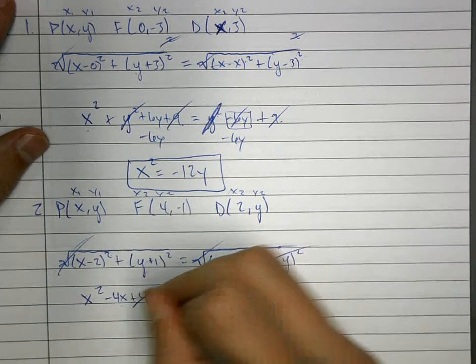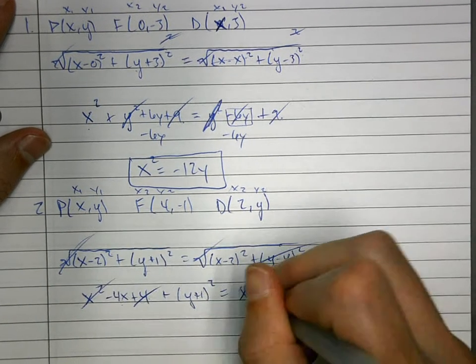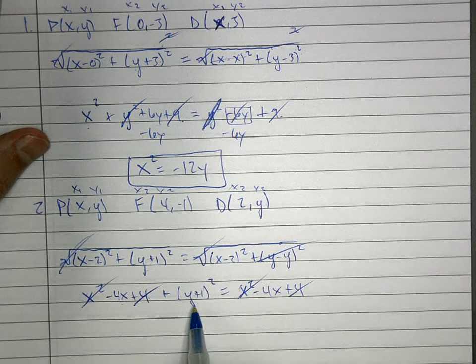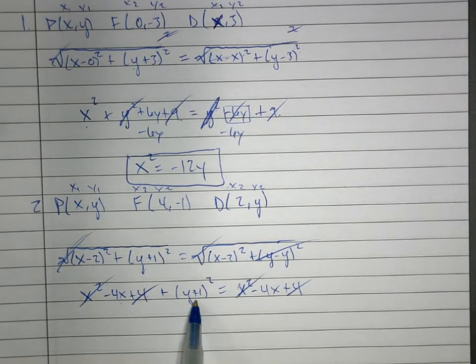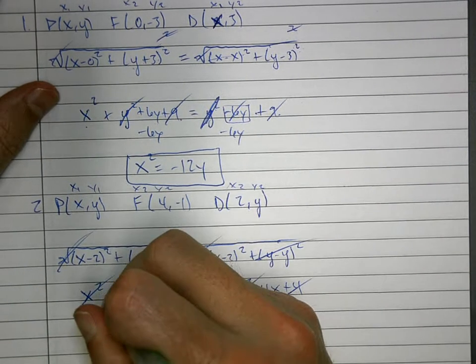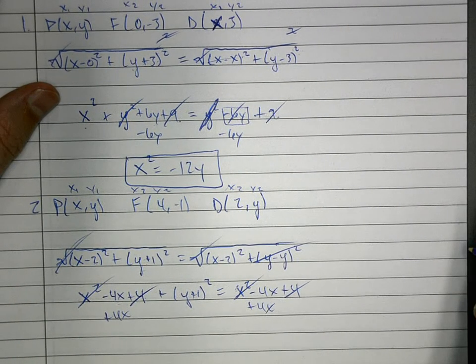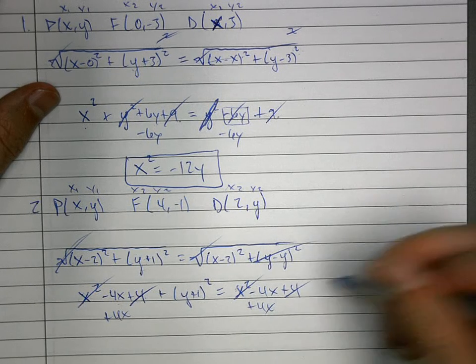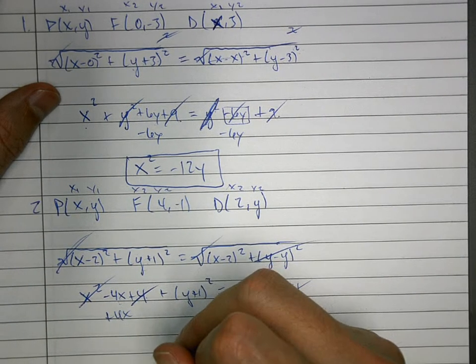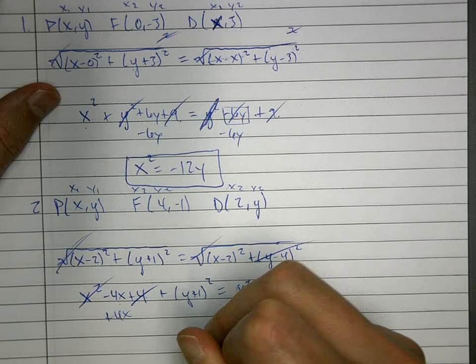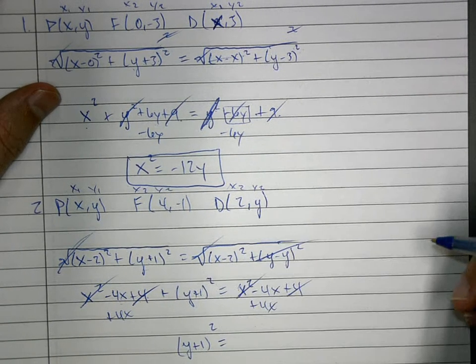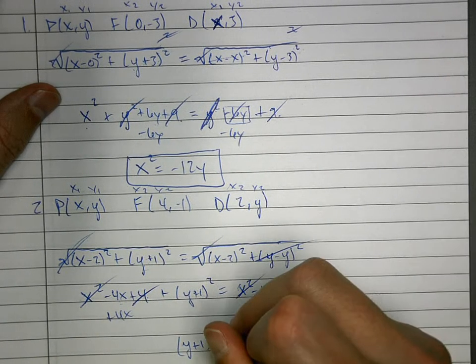The 4s cancel on both sides, the x squareds cancel on both sides, and we want to get the (y plus 1) squared by itself, so we add 4x to both sides, and those actually cancel, so we just get (y plus 1) squared is equal to 0.